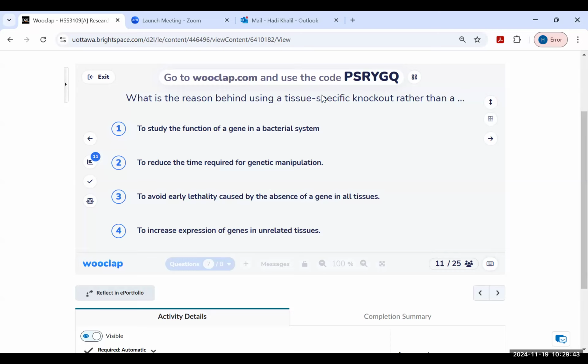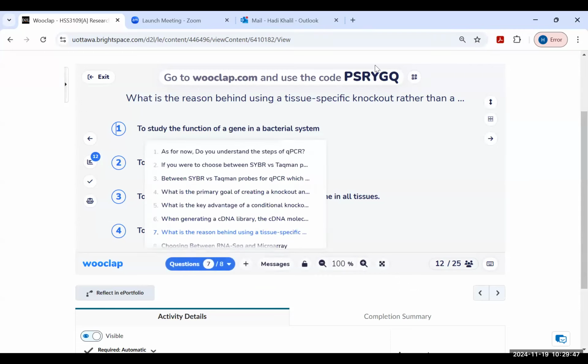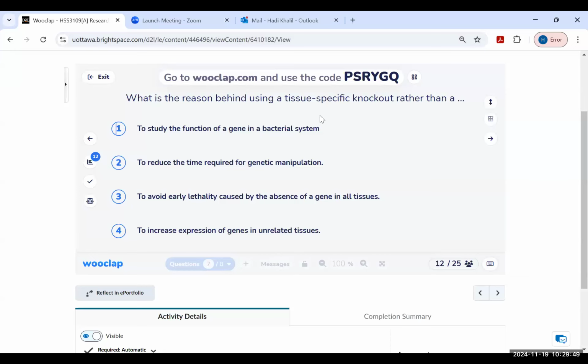Again, when you're reading a question, and for those who are also going to medical school, you will encounter questions where you have to be really careful when you read the question. The question is related to using a tissue-specific knockout, so there is part of the answer already in the question.